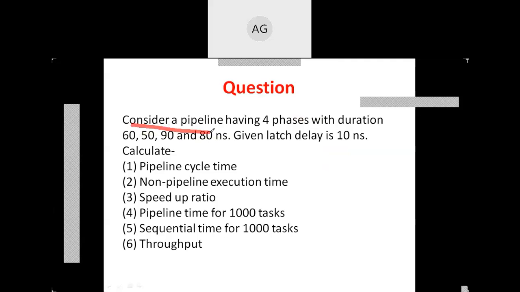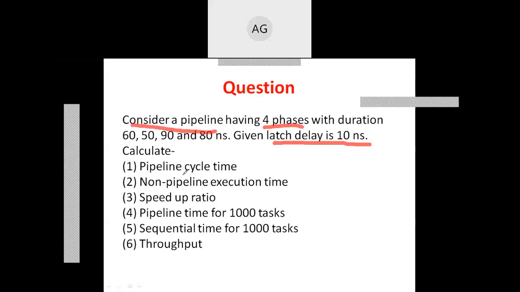Consider a pipeline having four phases with durations 60, 50, 90, and 80 nanoseconds. So the duration of each phase is given to you: the first phase is 60 nanoseconds, the second is 50 nanoseconds, the third is 90 nanoseconds, and the fourth is 80 nanoseconds. The given latch delay is 10 nanoseconds. Latch delay means the time required to transfer from one stage to the next stage is 10 nanoseconds.